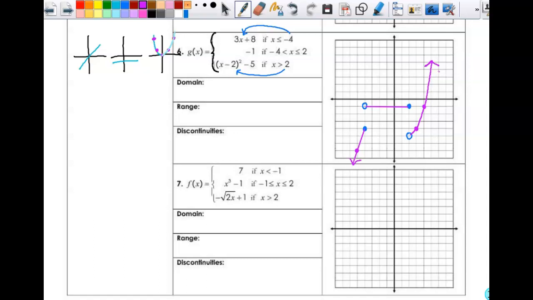Everybody good so far? All right, so my domain, where do I start? Negative infinity. Is it continuous all the way to infinity? Yes. My range, where do I start? Negative infinity. Is it continuous all the way to infinity? Yes, it is. How many discontinuities do I have? 2, and they're both jump.